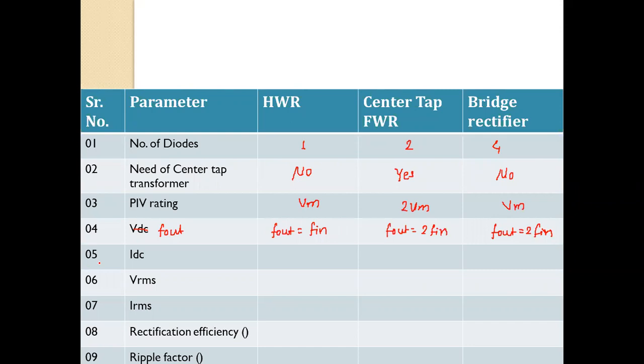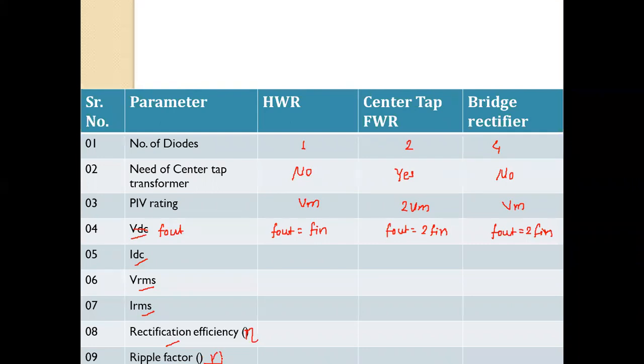And whatever the remaining parameters are, for those the derivation part is there. With the help of this derivation for half wave, center tap, and bridge, we can calculate VDC, IDC, VRMS, IRMS, rectification efficiency, which is denoted by eta, and the ripple factor, which is denoted by gamma.